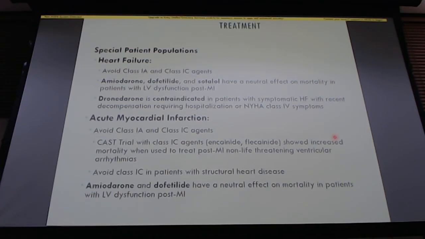And then our population. So you keep hearing me talk about, okay, somebody has heart failure, somebody has an MI, like what are we looking at, how do we treat these patients? Because this is going to be very common for you to see these special populations when you are treating your patients who have some of these arrhythmias. So your heart failure patients, we're typically avoiding our 1A and our 1C.